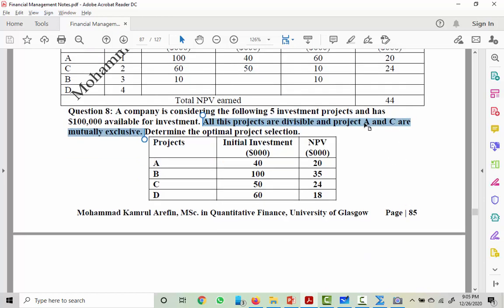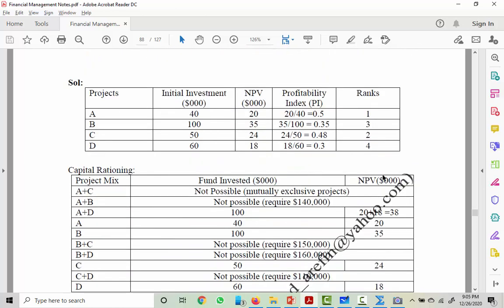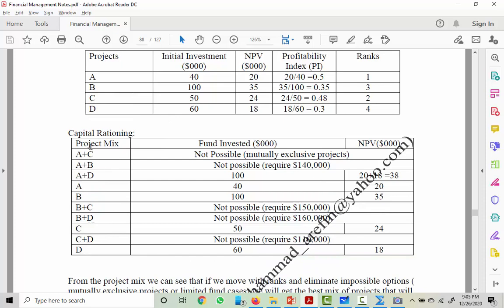That means if you invest in project A, you cannot invest in project C or vice versa. Same data, same ranking. Now let's develop a project mix to find out the best possible allocation of capital.